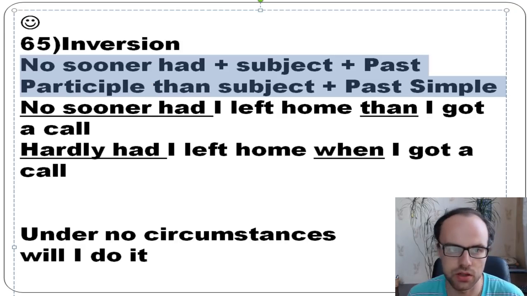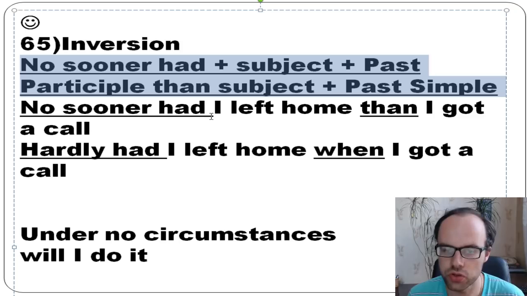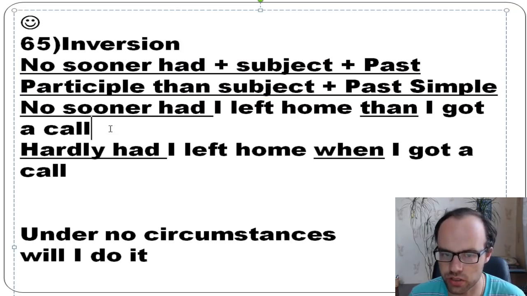So please look at this structure. No sooner had I left home, had plus subject, I is a subject, left is the past participle, then subject, I is a subject, and got is its past simple. So no sooner had I left home than I got a call.